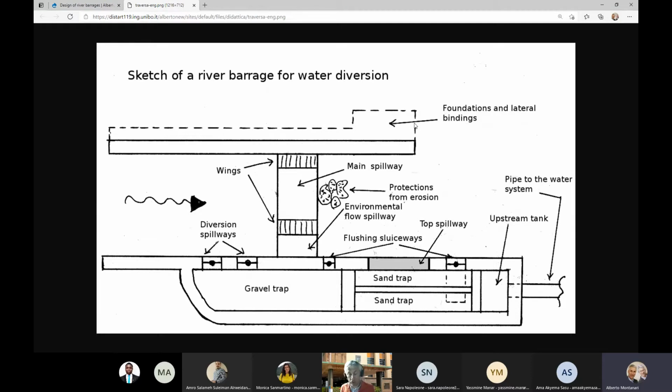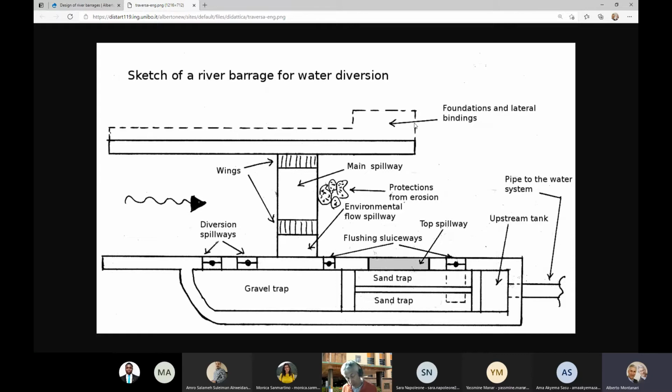The open channel solution is used when you have mild slopes downstream of your infrastructure. Okay, if before using water you have to bring it down in elevation by 200 meters, you cannot use an open channel. Why?